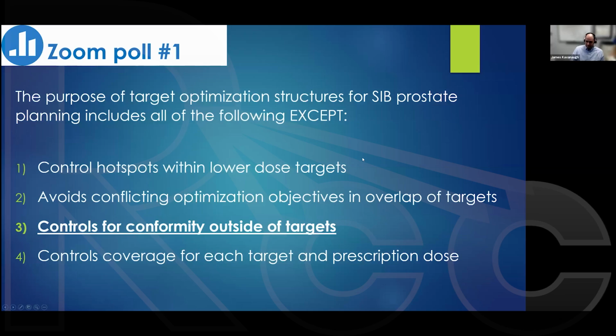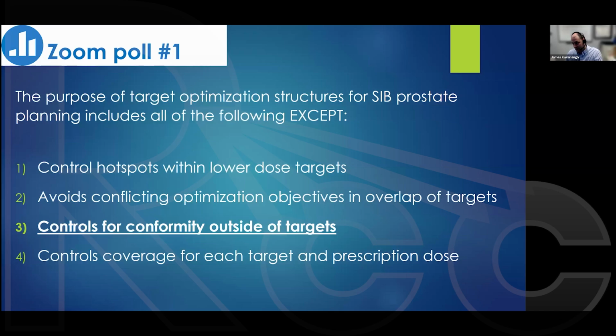Thank you, Jose. So the answer, which is the most responded one, is 3. Controls for conformity outside targets. By separating these, we're basically controlling for all of the other 3. So we're controlling for hotspots within the lower dose target because it allows us to put an optimization high dose control and upper control on that opt structure that is below the high dose target.